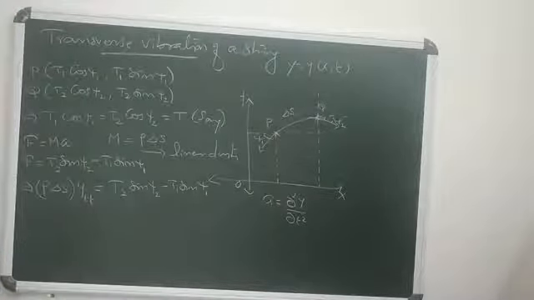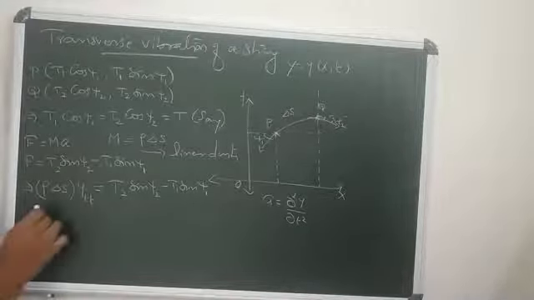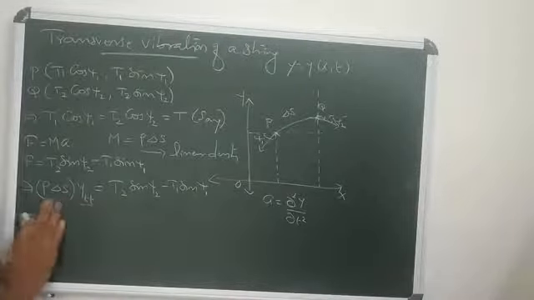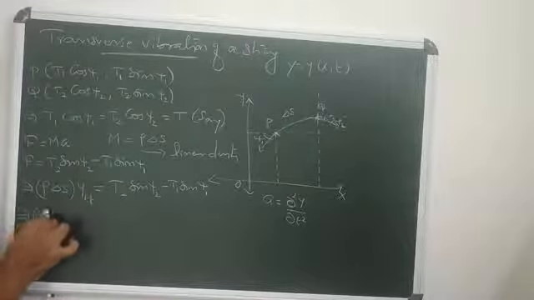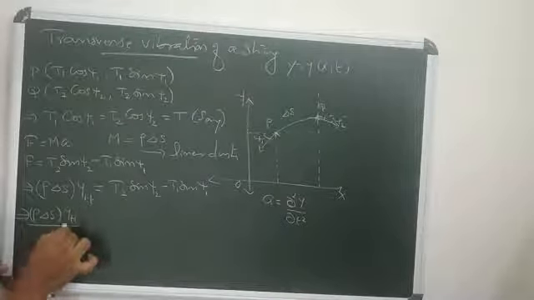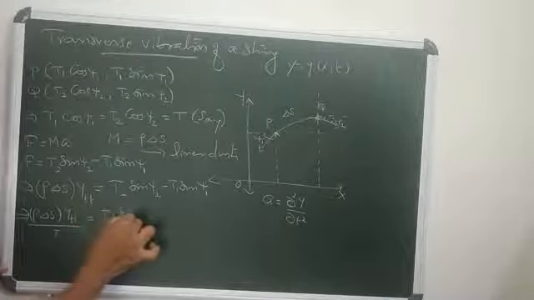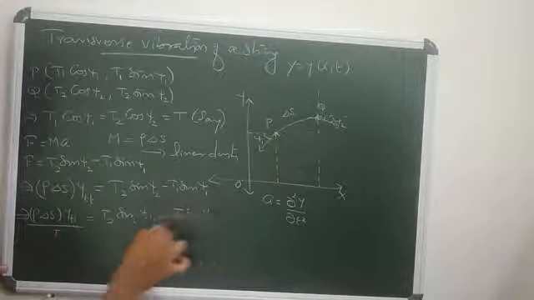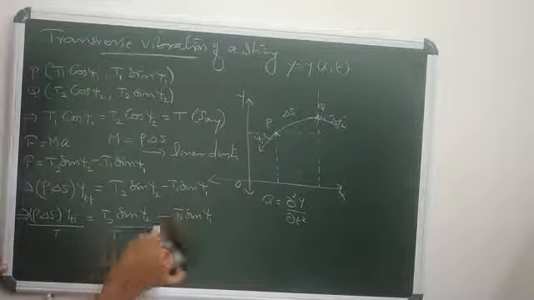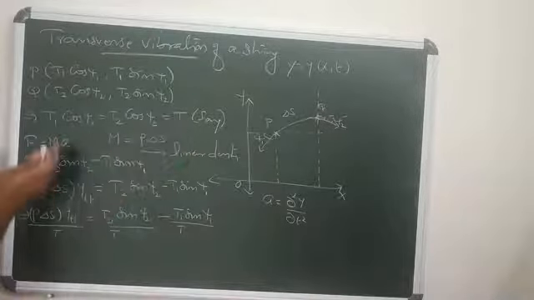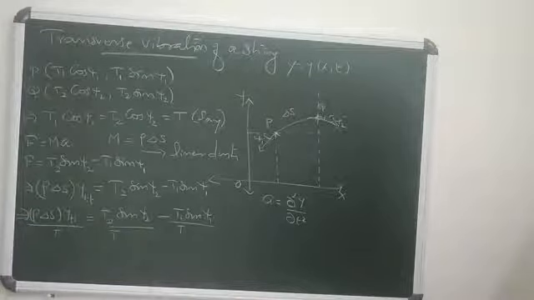If we divide throughout by T, what do we get? Rho delta S into ytt divided by T equals T2 sin psi 2 by T minus T1 sin psi 1 by T. Dividing throughout by T, term by term. But what is T? T is either T1 cos psi 1 or T2 cos psi 2.